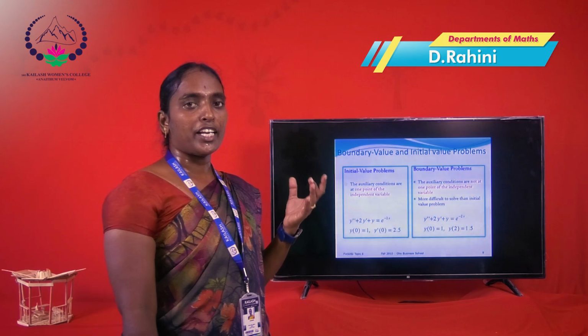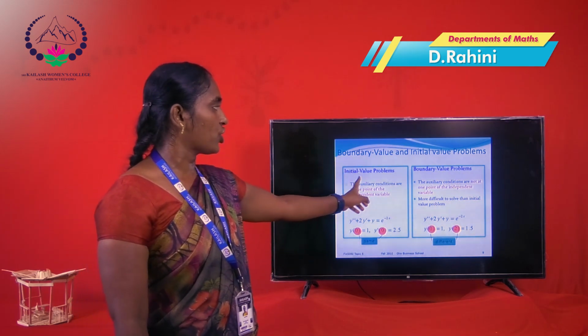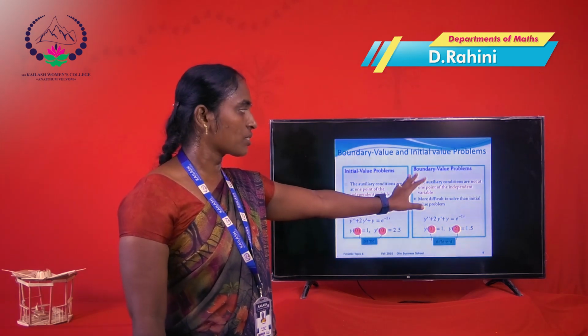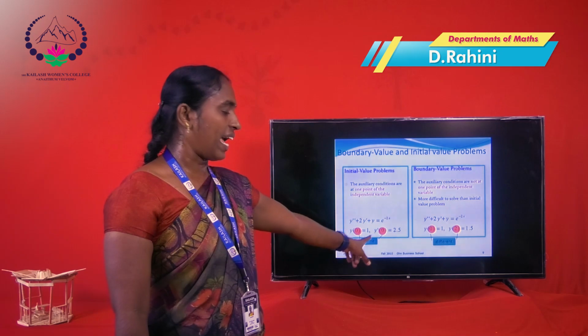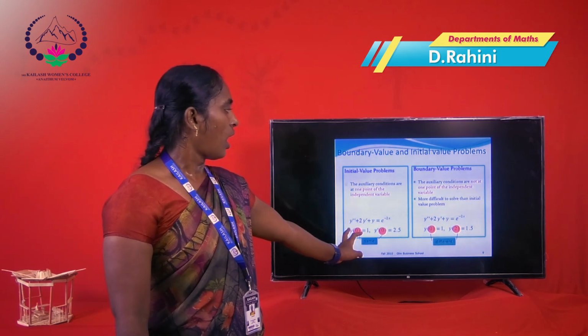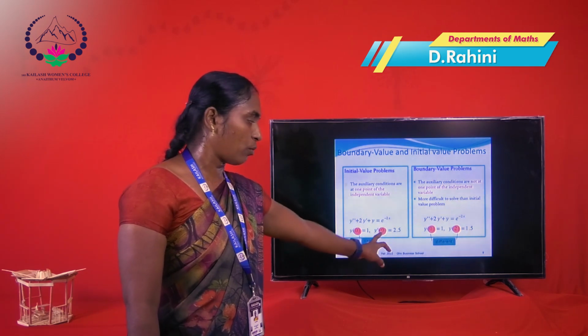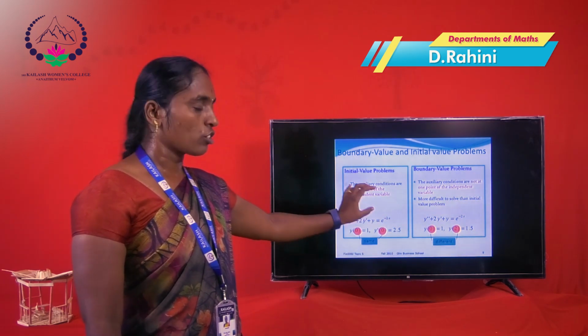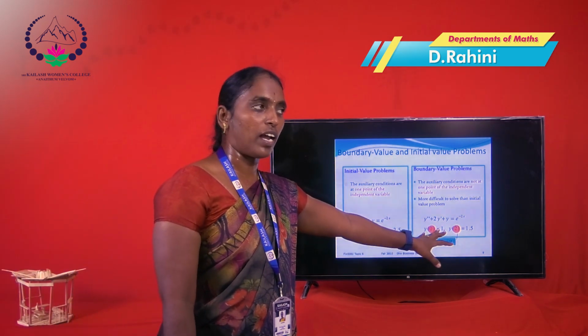Already in the starting I told the boundary value problem has two types. So one is initial value problem, another one is boundary value problem. In initial value problem, the auxiliary conditions are at one point of the independent variable, because the independent variables are the same. So this is called the initial value problem. The second one is boundary value problem.